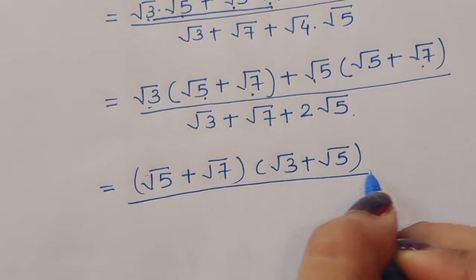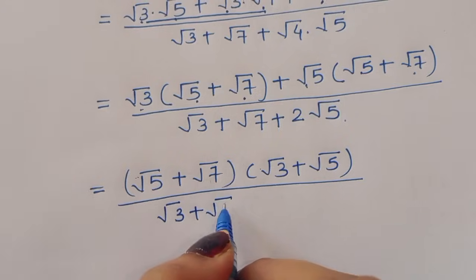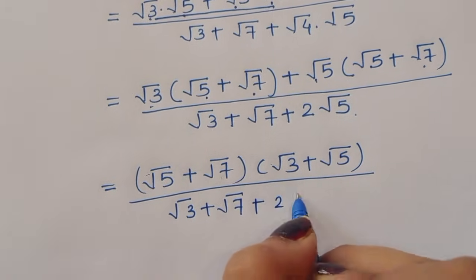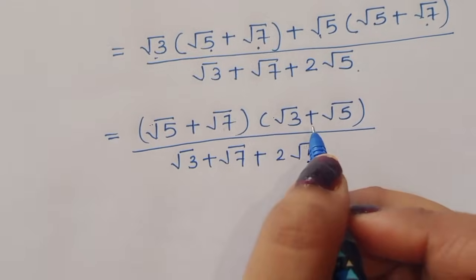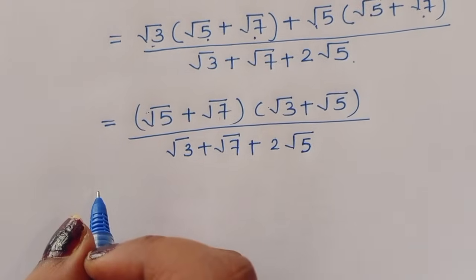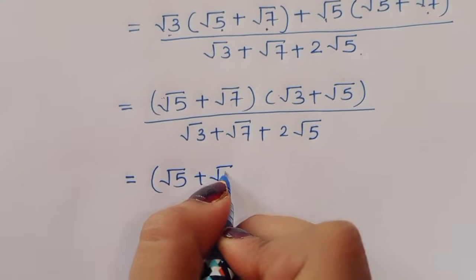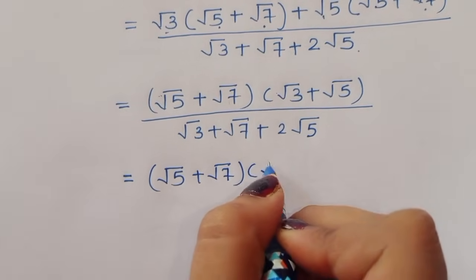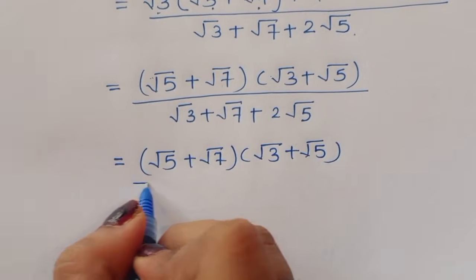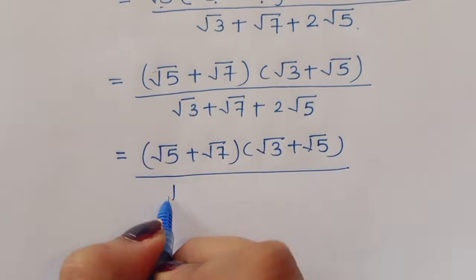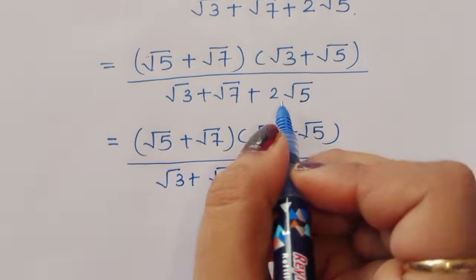Divided by √3 + √7 + 2√5. Now (√5 + √7) times (√3 + √5) divided by √3 + √7 + 2√5.